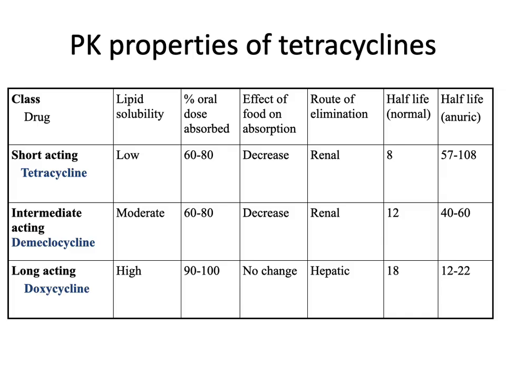So yeah, there is some food interaction, and I would expect the elimination route to be more renal than hepatic, and hence if the patient is anuric, meaning that the patient has kidney disease, I would expect the half-life to increase much more with tetracycline when compared to doxycycline. And we have demeclocycline in the middle.